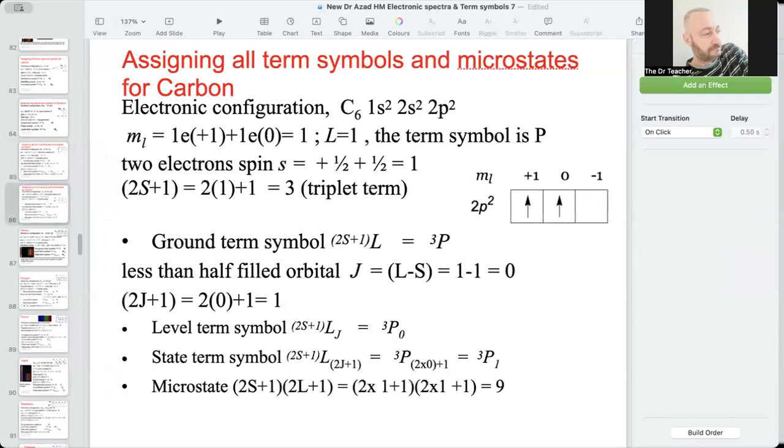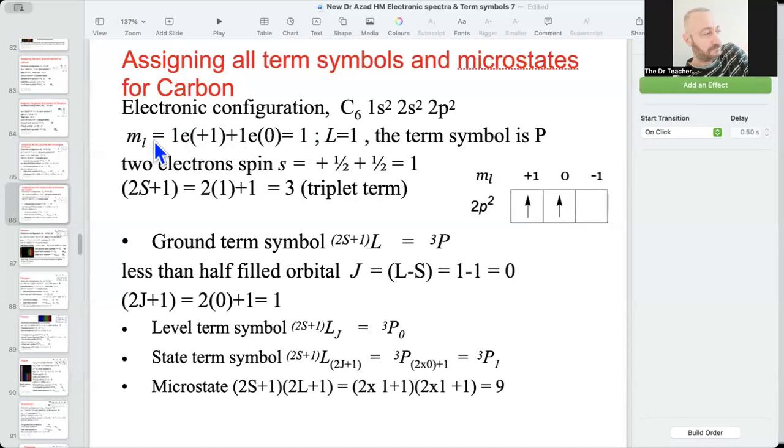The carbon, if you see 2p2, the last orbital. So 2 electrons, we put them here. You can put them on this corner, ml plus 1, 0, minus 1. So now you count the capital L, the total from the ml. So 1 electron times plus 1, plus 1 electron times 0, it will remain 1.